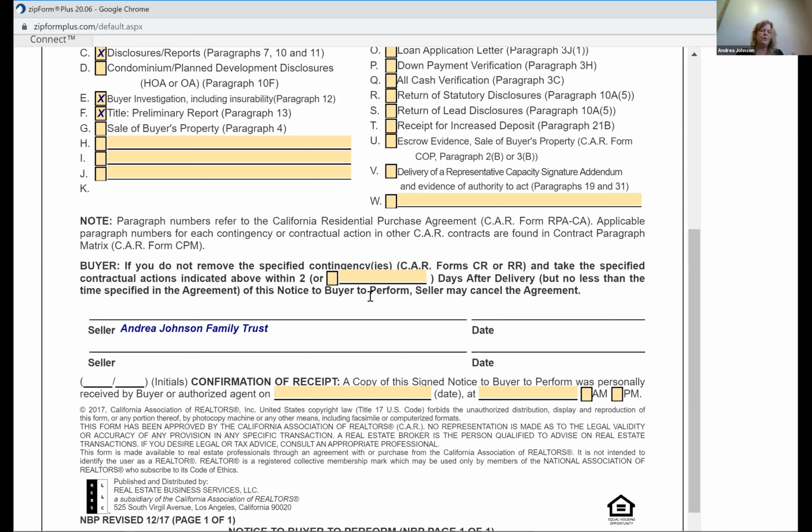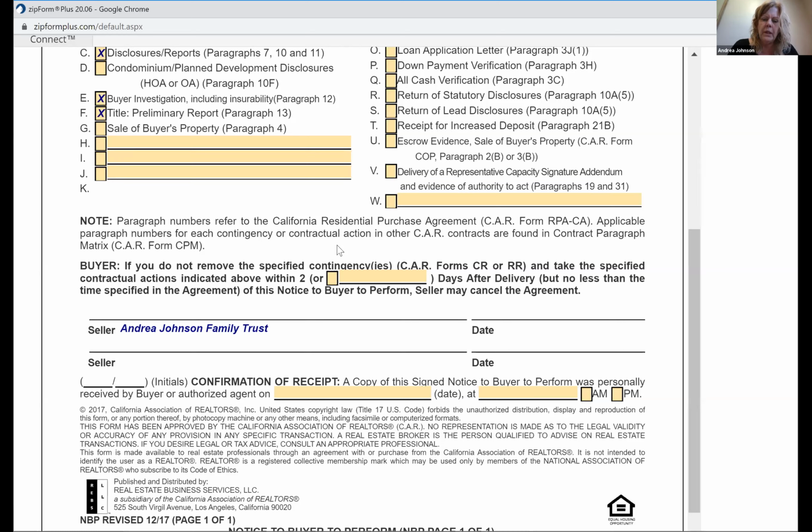If you didn't change the default, which is 2 days in the contract, you can't just suddenly change it here. And if you do, you're issuing an invalid notice to perform, which they can tell you to pound sand, and you're going to have to do it again, and thereby extending your time frames. So don't just make something up here. It's whatever the contract said. If it was changed to 3 days in the contract, you can change it to 3 days here, but you can't suddenly say, 1 day or 0 days or something like that.